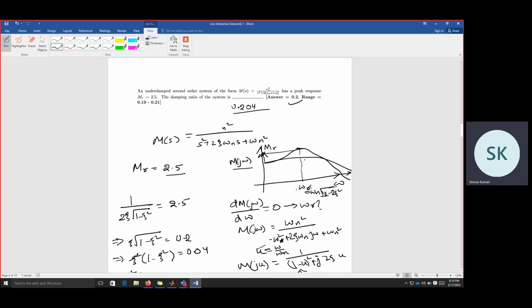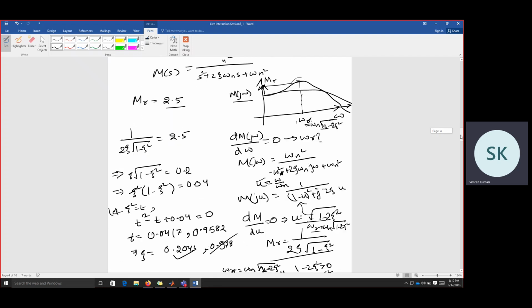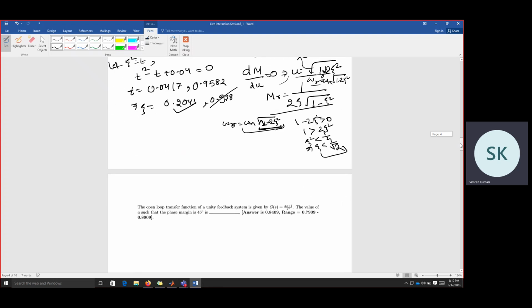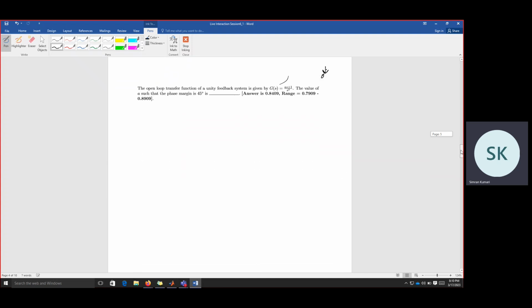So therefore we had these different kinds of Bode plots also. Basically, the more underdamped it is, the higher the peak will be. So with zeta decreasing to 0, the peak will increase.